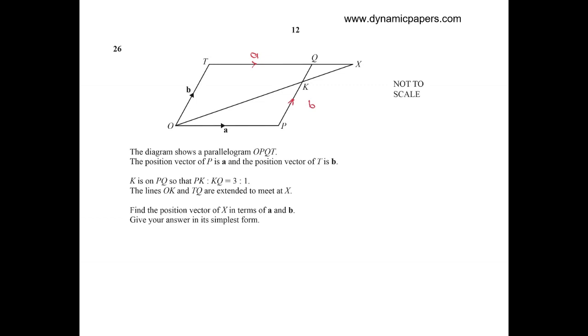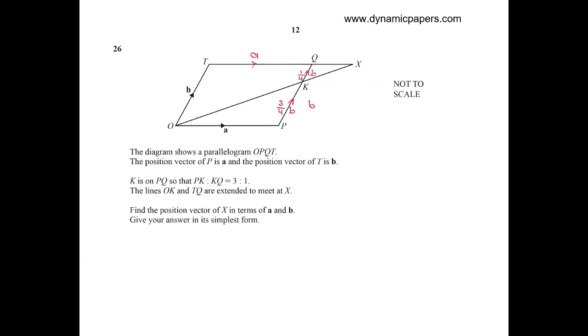K is on PQ, so that PK to KQ is equal to 3 to 1. So PK is equal to 3 over 4 B, and KQ is equal to 1 over 4 B. The ratio is 3 to 1.